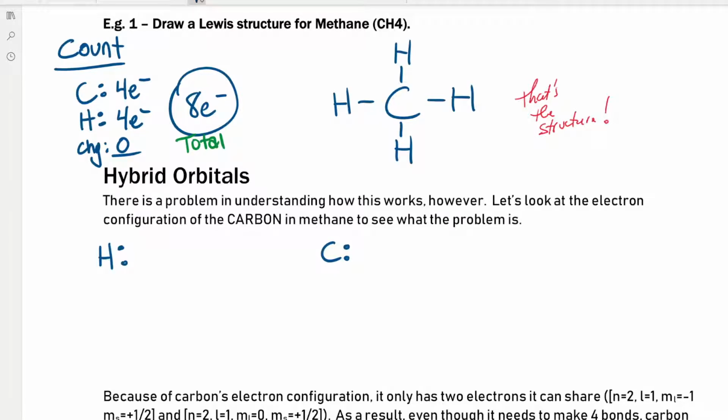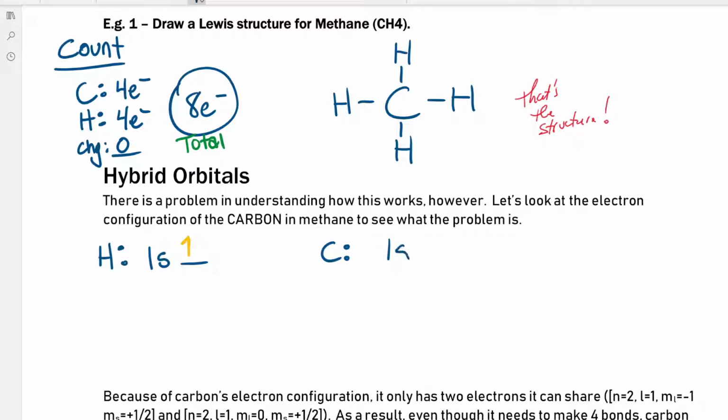So hydrogen's easy. It has 1 electron. So in its 1s orbital, it has got 1 electron. And I'm going to draw that a different color just so it really stands out. Okay, there we go. In its 1s orbital, we've got 1 electron.